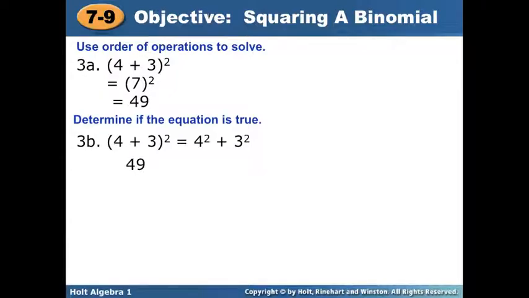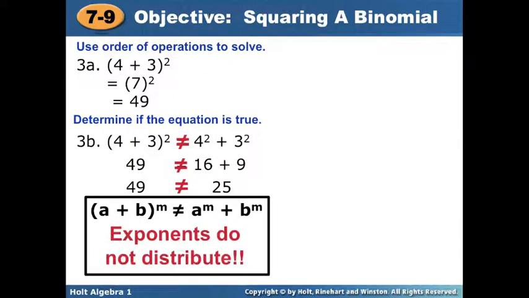So work out the right-hand side. 4 squared is 16. 3 squared is 9. When you add together the values, 16 plus 9 gives you 25. That does not equal 49. So notice, you are not allowed to distribute an exponent.